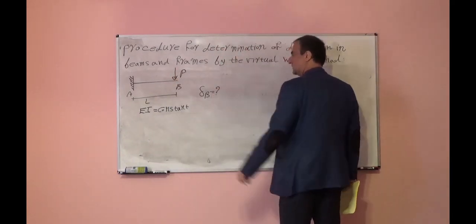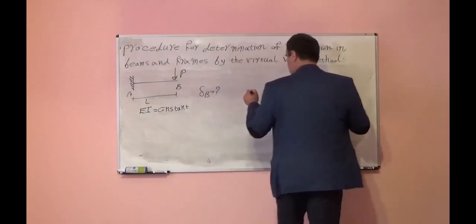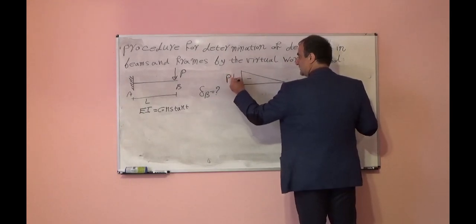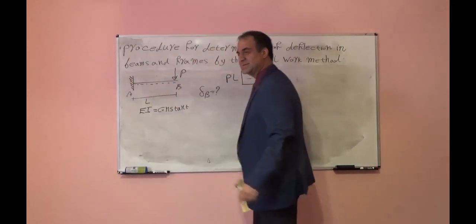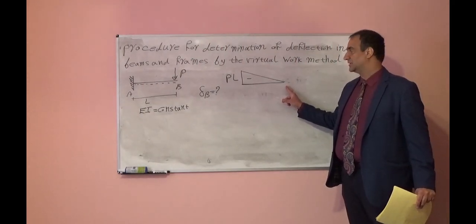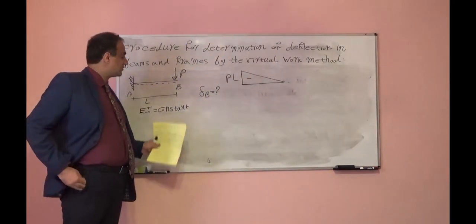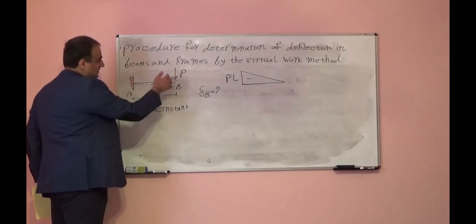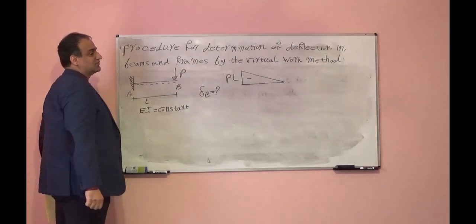What is delta B? So what I will do, first I will draw moment diagram under real load. So the moment diagram for this system will be negative. Moment at point B, it is 0, it is free end. Moment at free end always is 0 if we don't apply concentrated moment. From B to A, moment is increasing because P times distance will create moment.